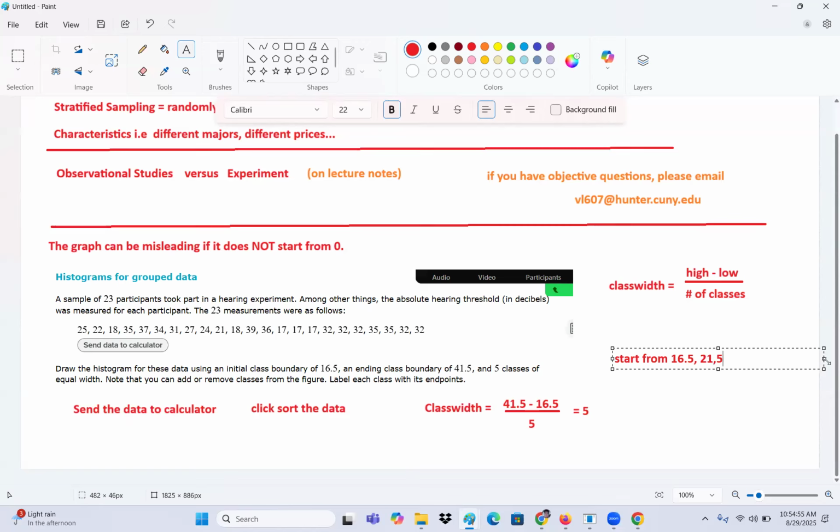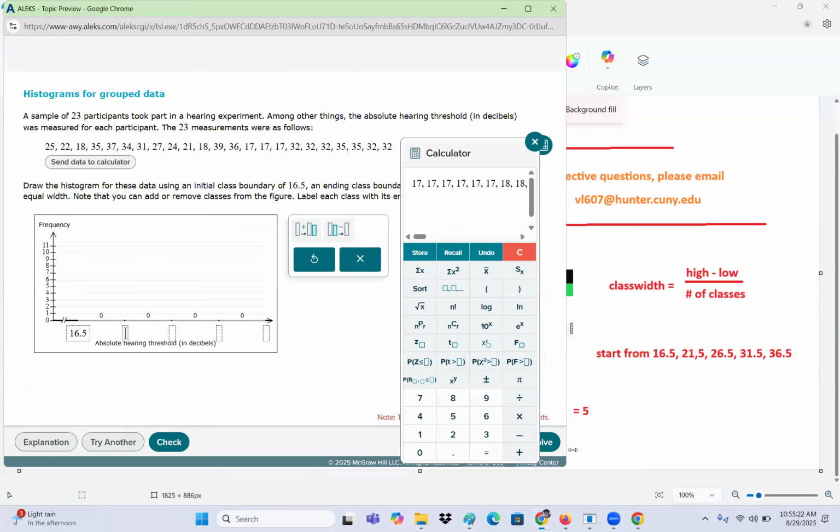And then plus 5 again, you're gonna get 26.5. Plus 5 again, you get 31.5. Plus 5 again, 36.5. Yeah. 16.5, 21.5, 26.5, 31.5, and 36.5. Okay. So you should have like 5 classes.